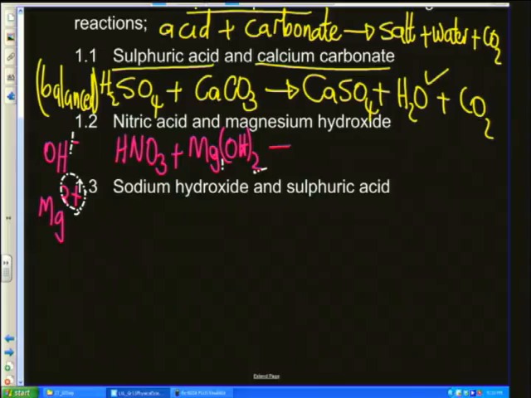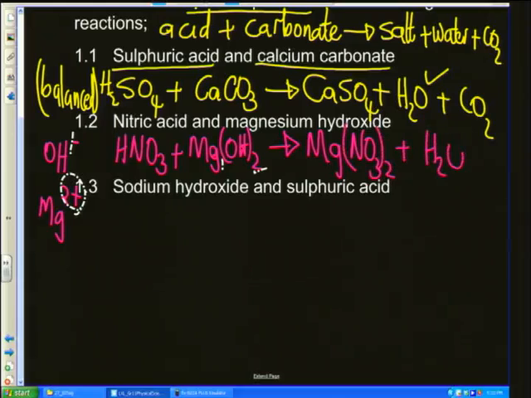Now plus, this gives us a salt, so magnesium nitrate. Again, the nitrate ion is 1 minus, so the 2 for magnesium will come there, plus water. Okay, can we balance this out? Hydrogens, 3 and 2, we have a problem. Magnesium 1, oxygen 2, oxygen 5, and then 7.